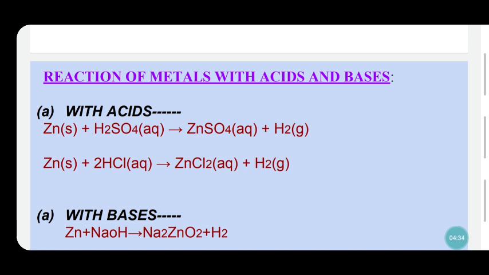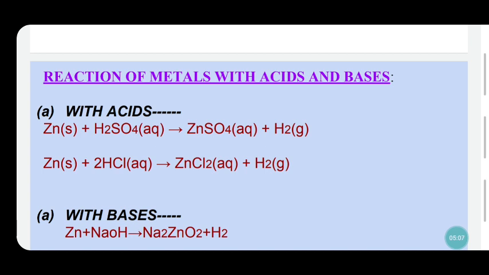Whenever a gas burns with a pop sound, it is confirmed to be hydrogen gas. This is the confirmatory test for hydrogen gas. That is, acids react with metals, and metal salt and hydrogen gas are formed. The content left behind in the test tube is zinc chloride, a metal salt.